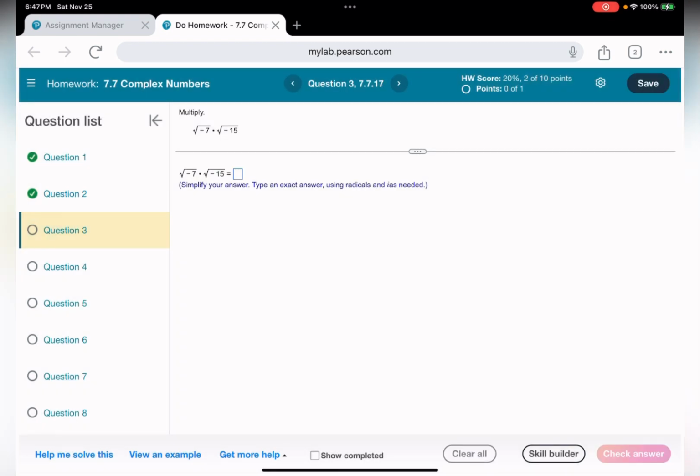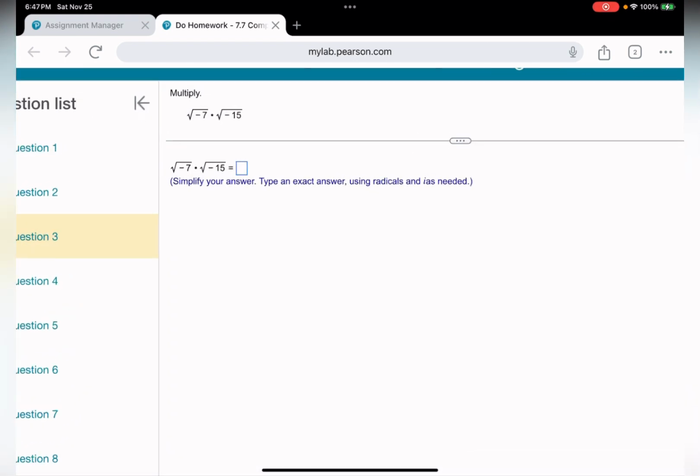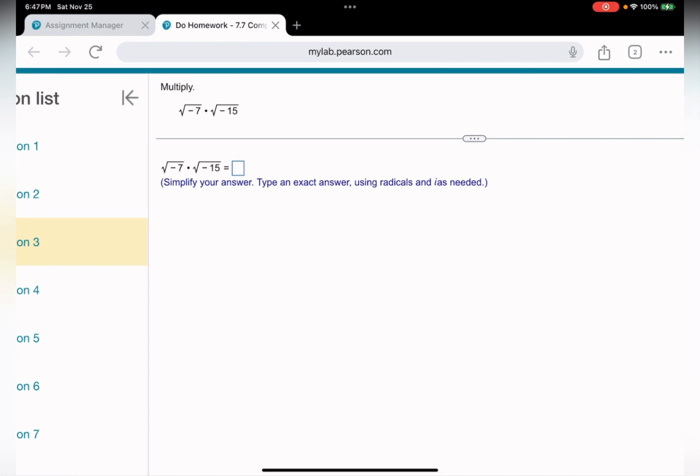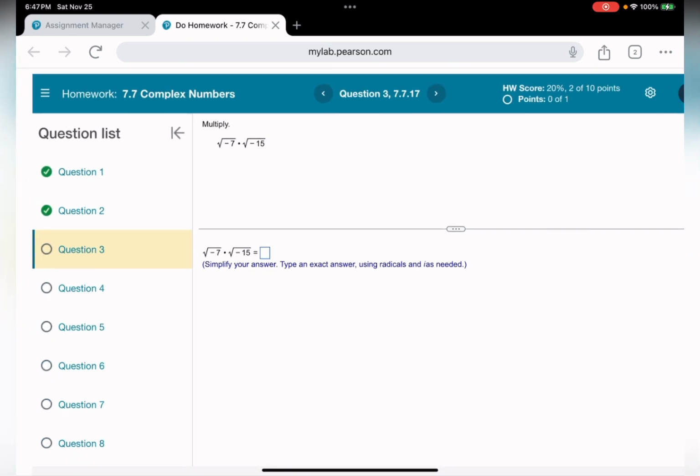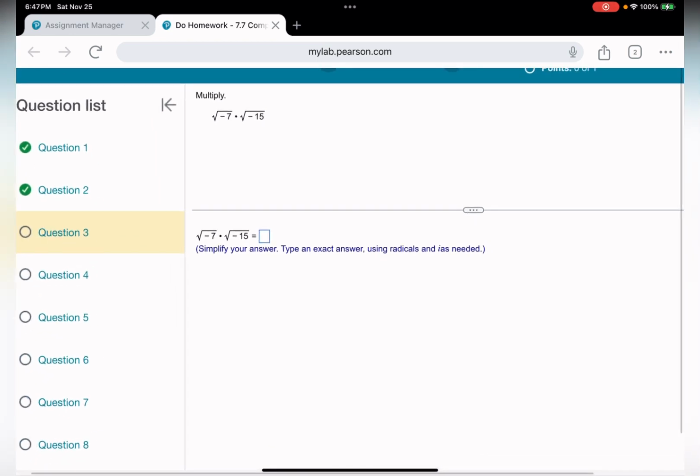Okay, what do we have next? So negative 7 times negative 15. It's going to be 15 times 7, 105. Number 3.